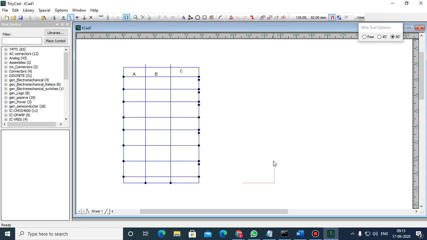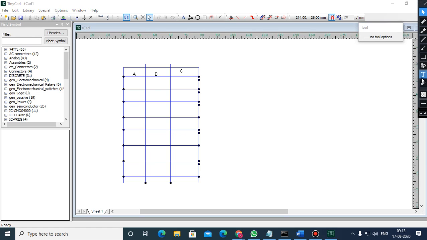Now here what to do is, we need to fill that. So basically the combinations will be like this: 000, 001, 010, 011, 100, 101, 110, and 111.